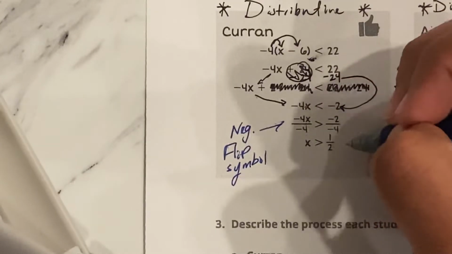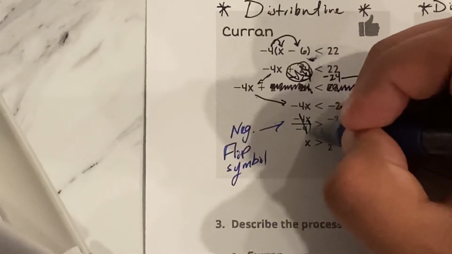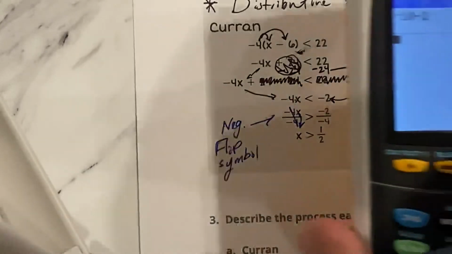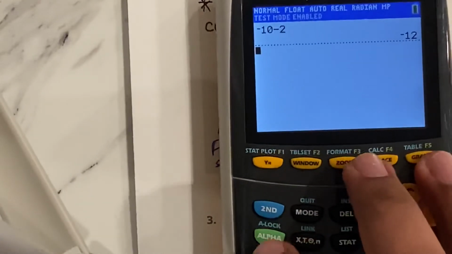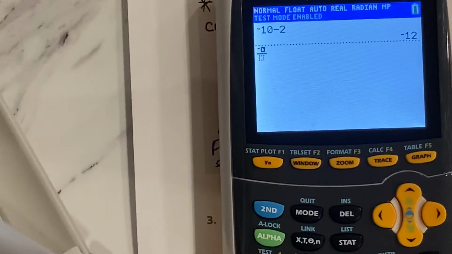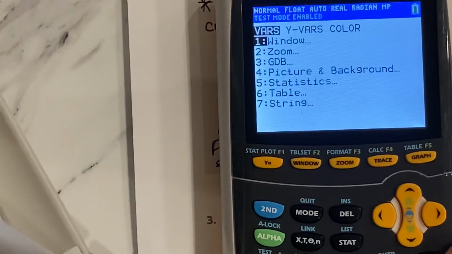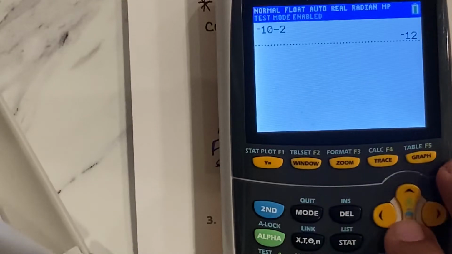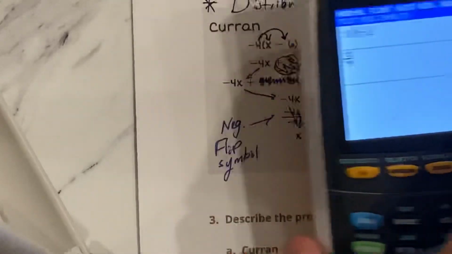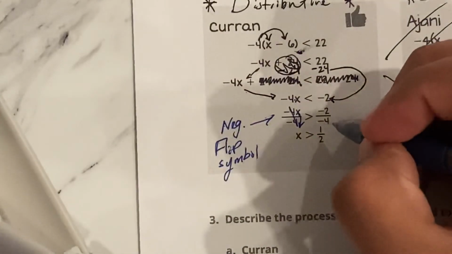We divide. Those cancel. X is right there. -2 over -4. If you're not sure, let's double check. Don't forget alpha y equals enter. -2 over -4. 1 over 2 looks nice. That's where it is.